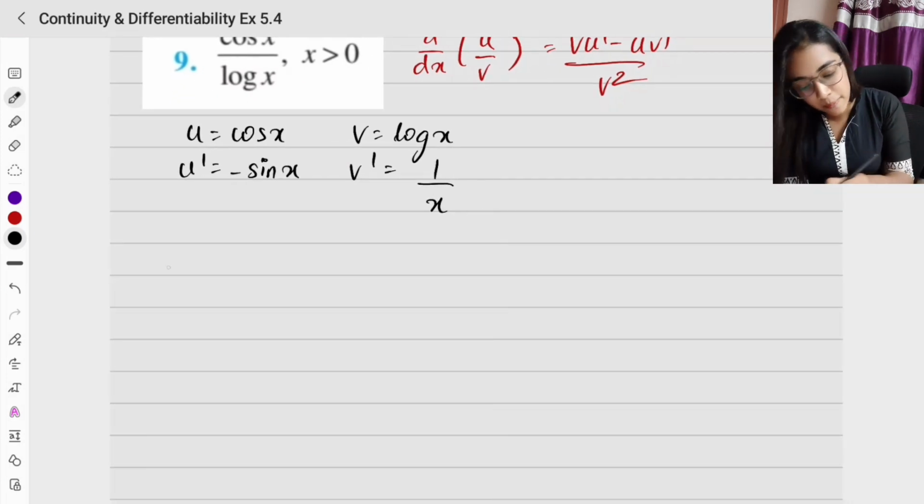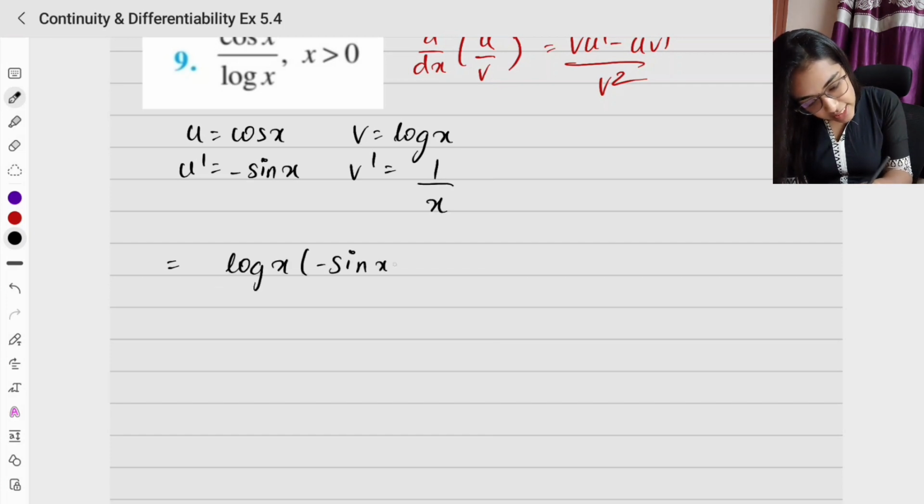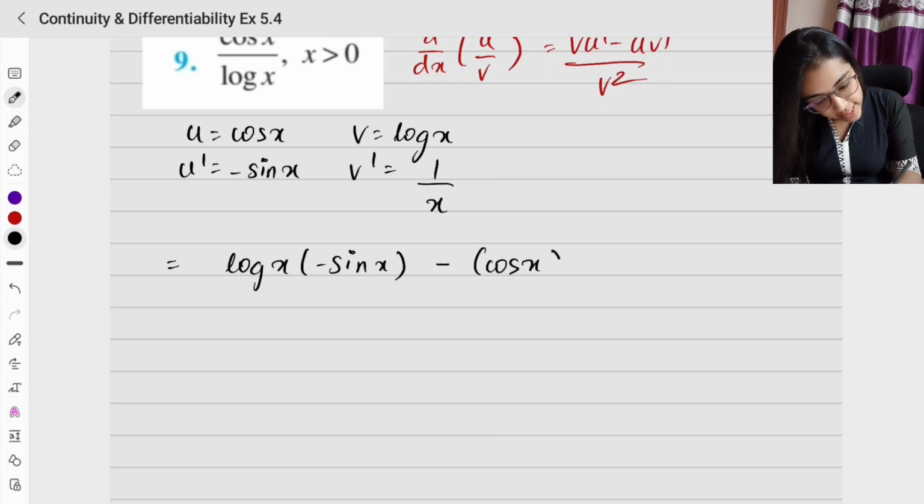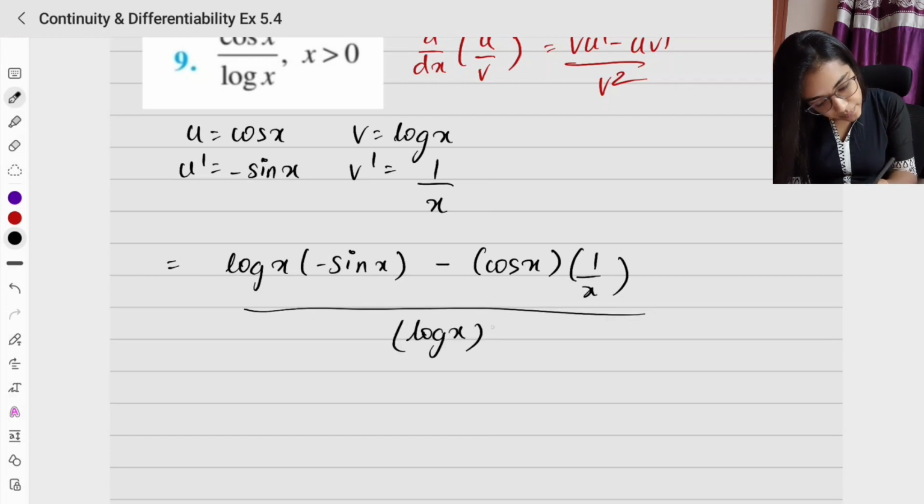Substituting it in the formula, I have v u dash. So v enna, log x times u dash, minus sin x, minus u v dash, which is cos x times 1 divided by x, the whole divided by v square, which is going to be log x the whole square.